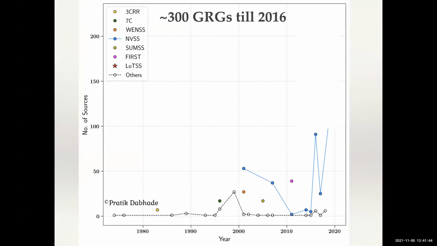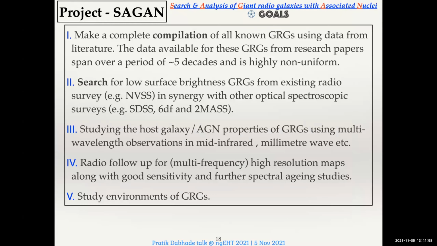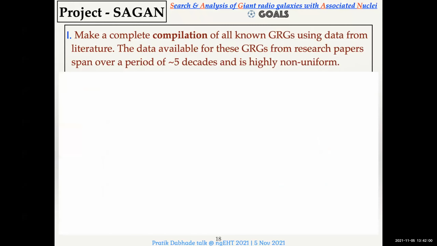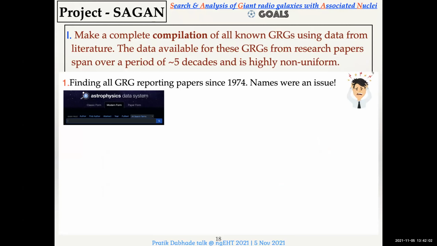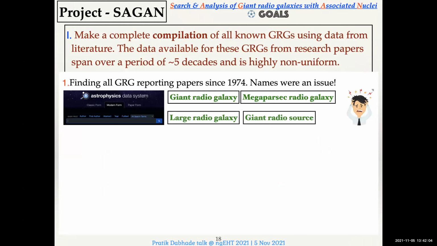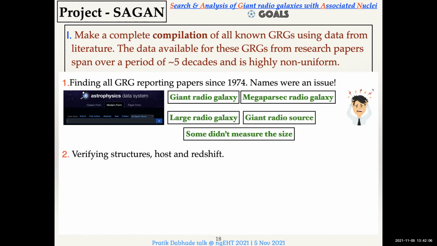Back in 2016, this is where we stood. We only knew 300 or so giant radio galaxies. This is a very small number compared to the thousands of radio galaxies known since the 1950s. So first was to compile the data, and that was not easy. We had to carry out an extensive search of the literature, because they did not have the same nomenclature.